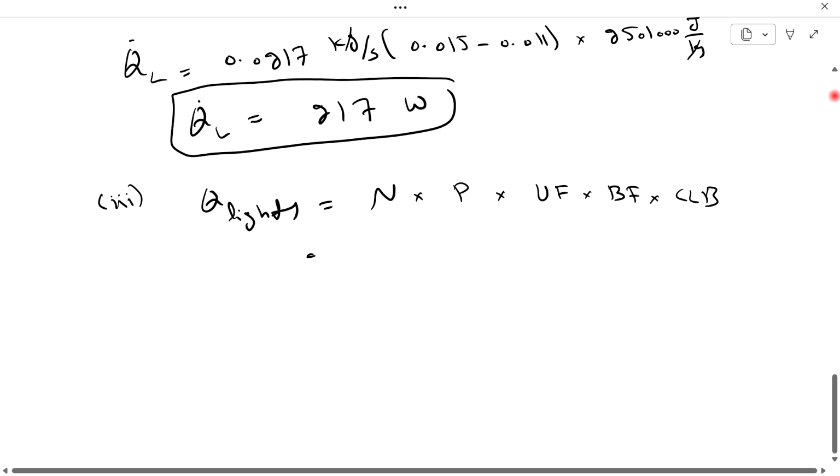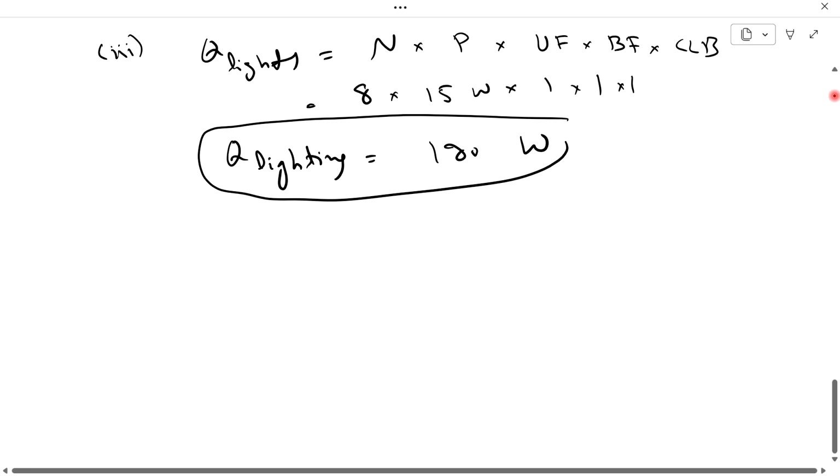So number of bulbs is 8, load of one bulb is 15 watt and all these factors are assumed as 1. So Q lighting is equal to 120 watt.